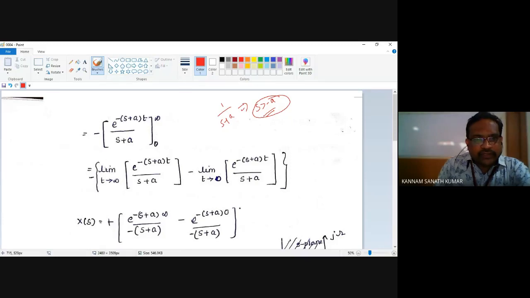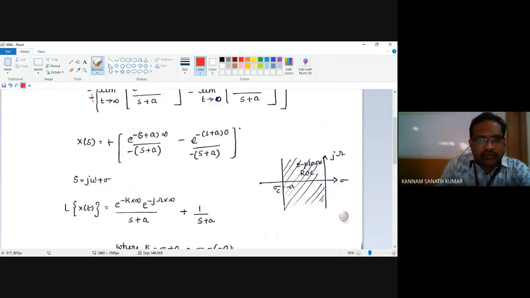So you are applying limits: limit t tends to infinity of e power minus (s plus a) into t by (s plus a), and limit t tends to 0. After applying the limits, you are getting e power minus (s plus a) into infinity divided by minus (s plus a), minus e power minus (s plus a) into 0 by minus (s plus a).